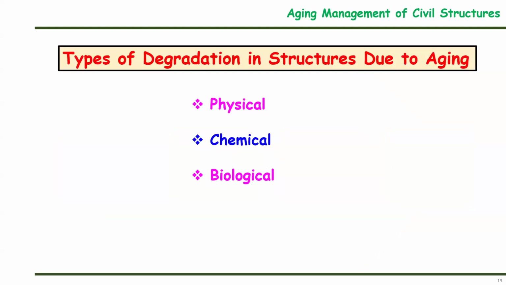Then yes, in existing civil structures, the degradation in structure can be due to three factors. It could be physical, it could be chemical, and it could be biological.